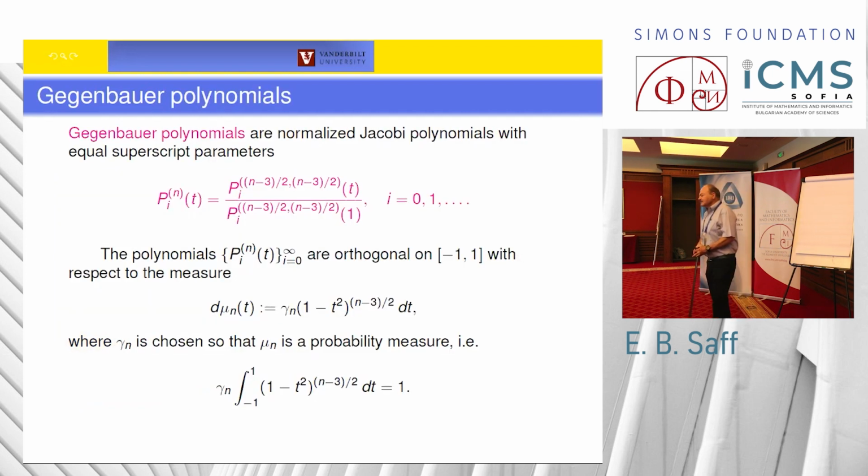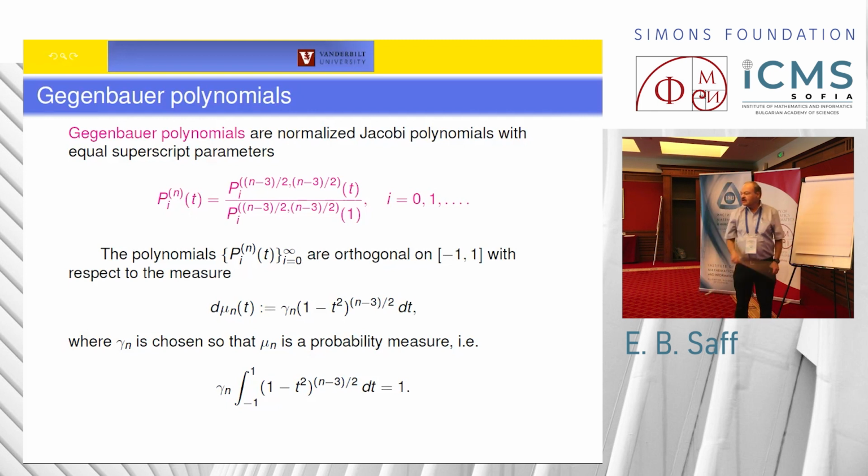Gegenbauer polynomials play an intimate role here, and I just remind you of the definition. Gegenbauer polynomials come from classical Jacobi polynomials, but they're equal weight Jacobi polynomials. In particular, the parameters are (n-3)/2, (n-3)/2, and we will work with it.